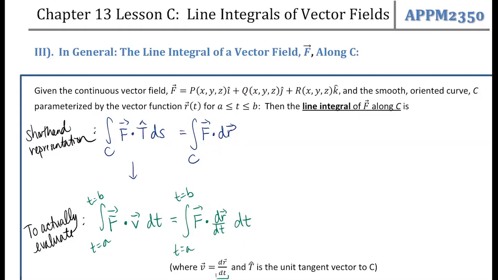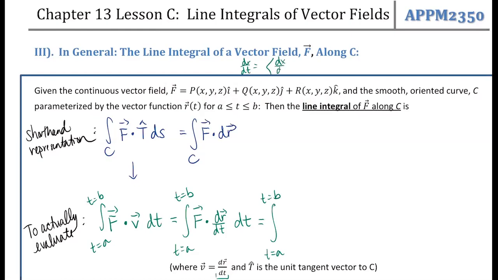Okay, now we have one more way that we write this out in actual evaluation. Let's say we're going to start to do this dot product. And so we need to take this vector F, which is here, and then take my dr/dt. And as a recollection, dr/dt is going to be the derivative.